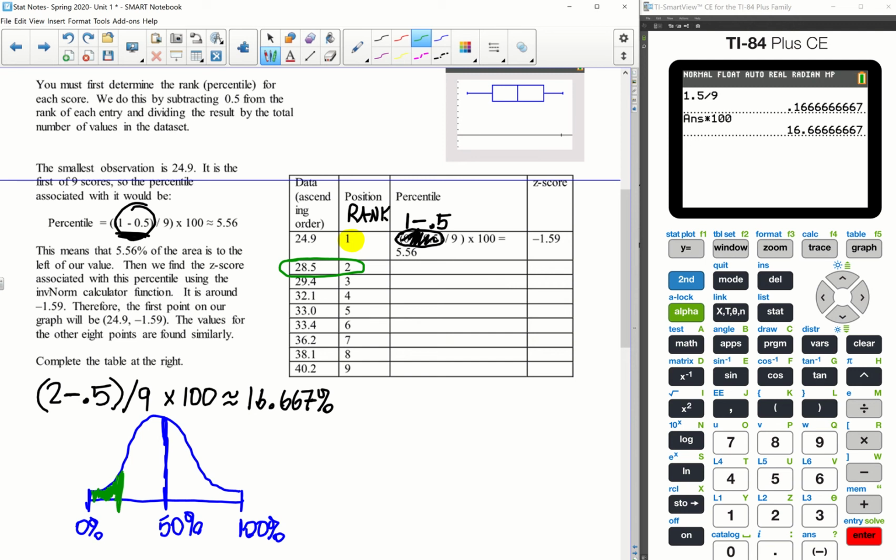All right. So now what we need to do is figure out the z-score that goes along with that value. So that's the black magic part. But this is about, I'll call it 17%, just so I don't have to put crazy decimals in there. What we're about to do is going to give us the z-score that corresponds to that percentage value. The hocus pocus step that I was referring to. So we're going to use the inverse norm function.